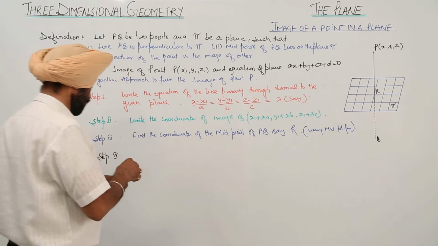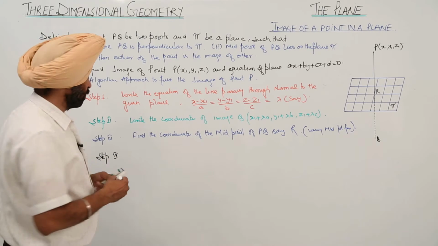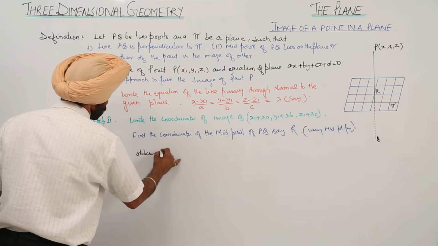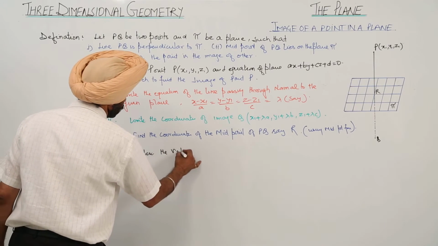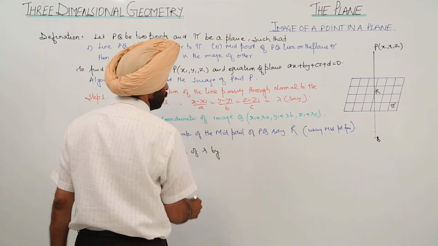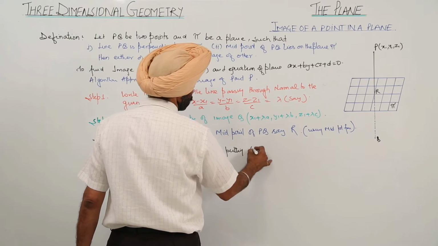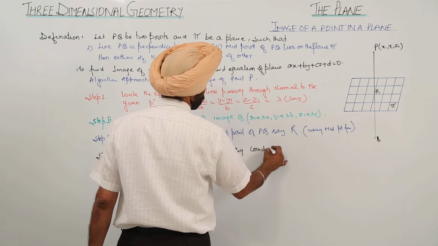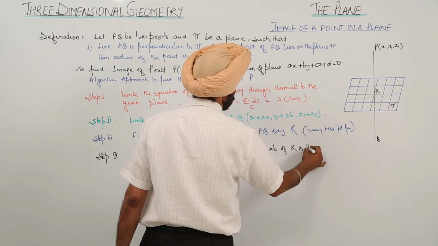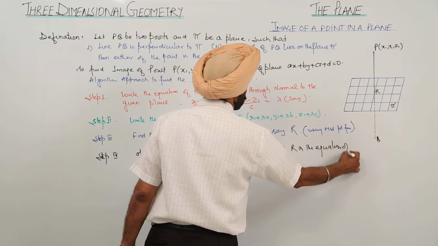Now step 4: we have to obtain the value of lambda. Obtain the value of lambda by putting the coordinates of R in the equation of the plane.